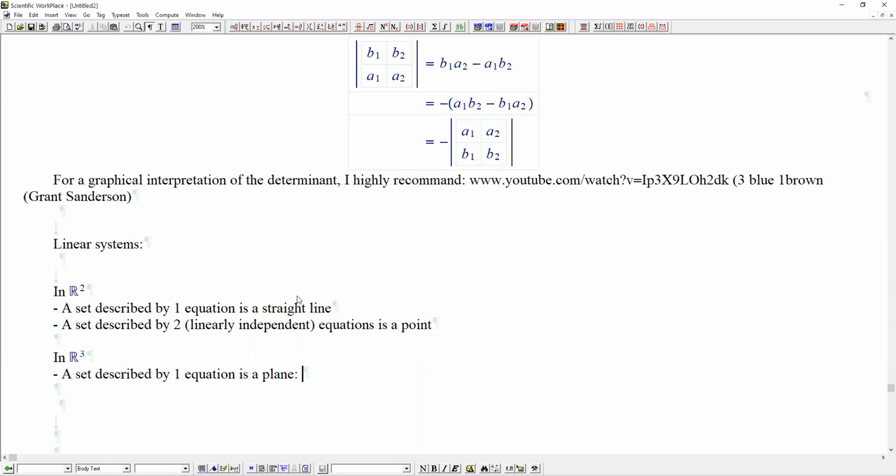So for instance, the set of points X, Y, and Z, which we write in math better, such that A1 X1 plus A2 X2 plus A3 X3 equals A4.